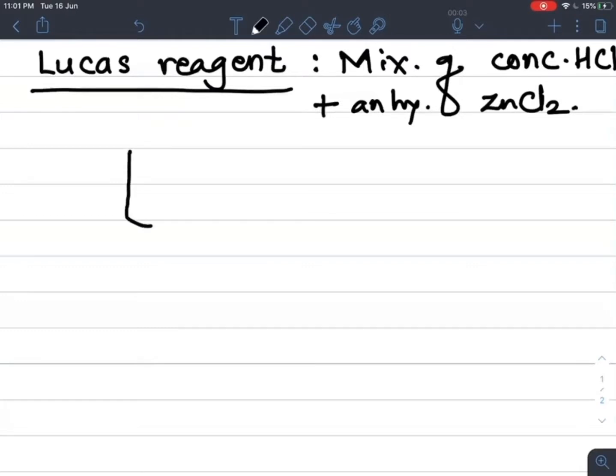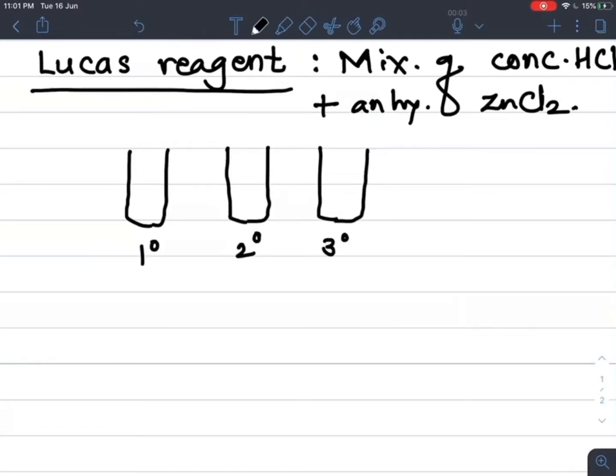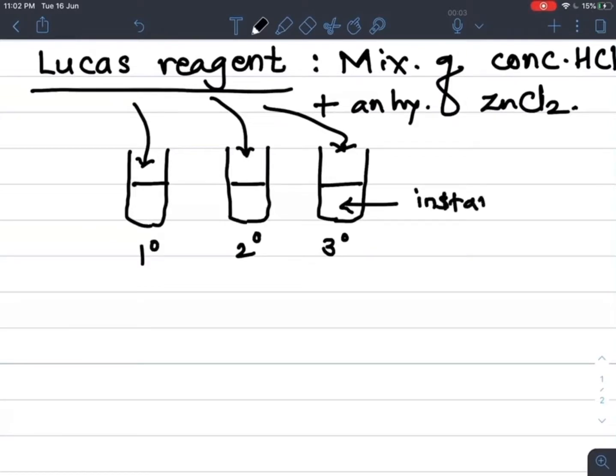We already studied this in laboratory tests also. If we take three test tubes with three alcohols, a primary alcohol in one, a secondary alcohol in another and a tertiary alcohol in the third, and add the Lucas reagent to these three test tubes, then if turbidity is observed instantly, we can identify the presence of a tertiary alcohol.